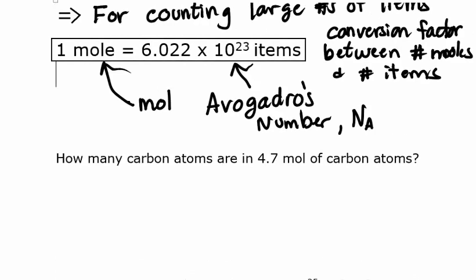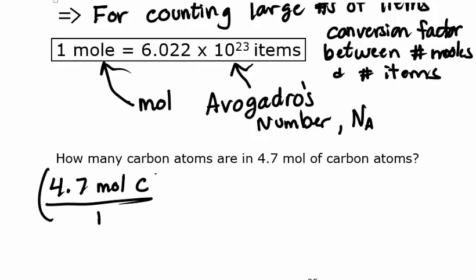How many carbon atoms are in 4.7 moles of carbon atoms? Okay, so we start with the number we're given that we need to convert. 4.7 moles of carbon. We'll put it over 1. We use Avogadro's number as a conversion. We want to have moles on the bottom, so the 1 mole goes on the bottom. And since we're talking about carbon, it's 1 mole of carbon.